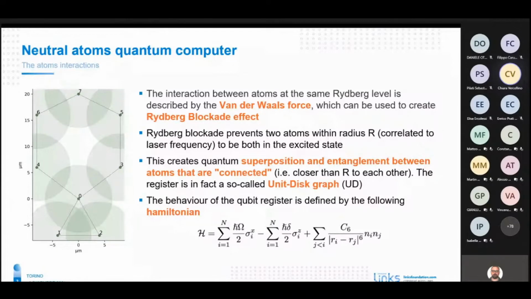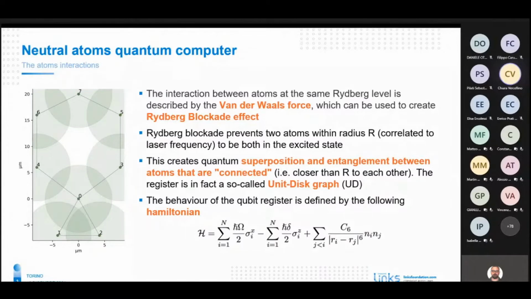This blockade effect prevents two atoms within a target radius, that is the Rydberg radius, from both being in the excited state. This radius is correlated to the laser frequency, or to be more precise, to the laser configuration. So according to the pulse configuration that we set on the lasers, we can produce different Rydberg radii.